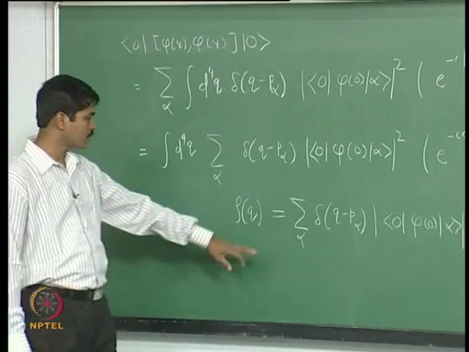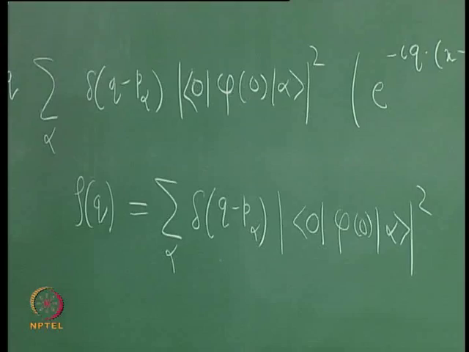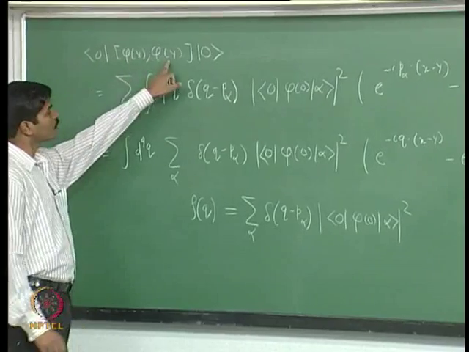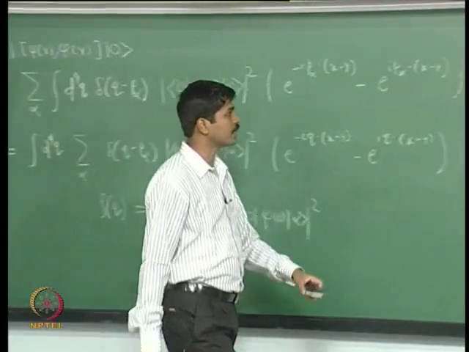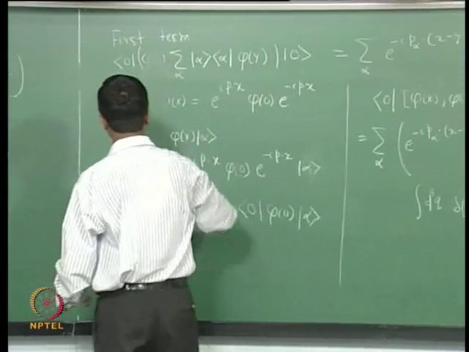So, once I introduce that, the vacuum expectation value of the commutator can be written in the following form.